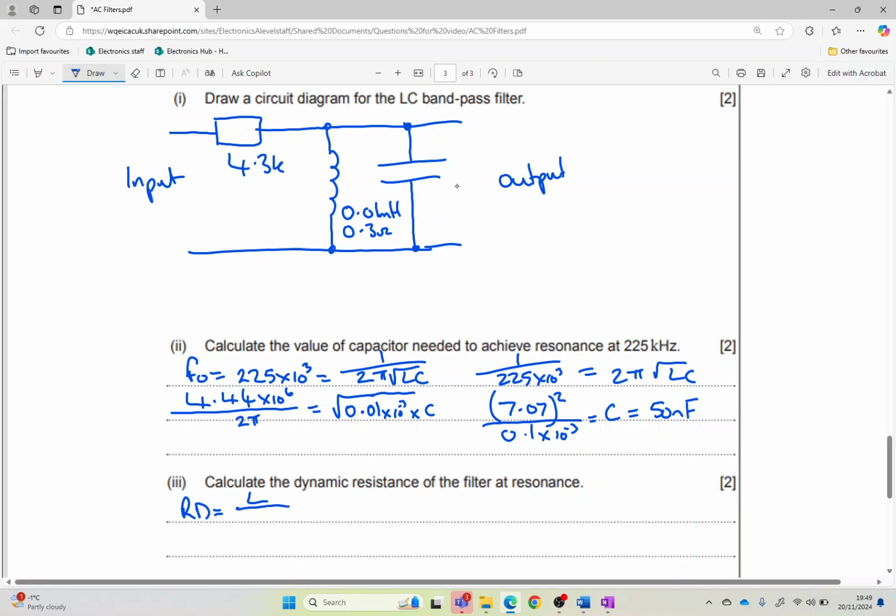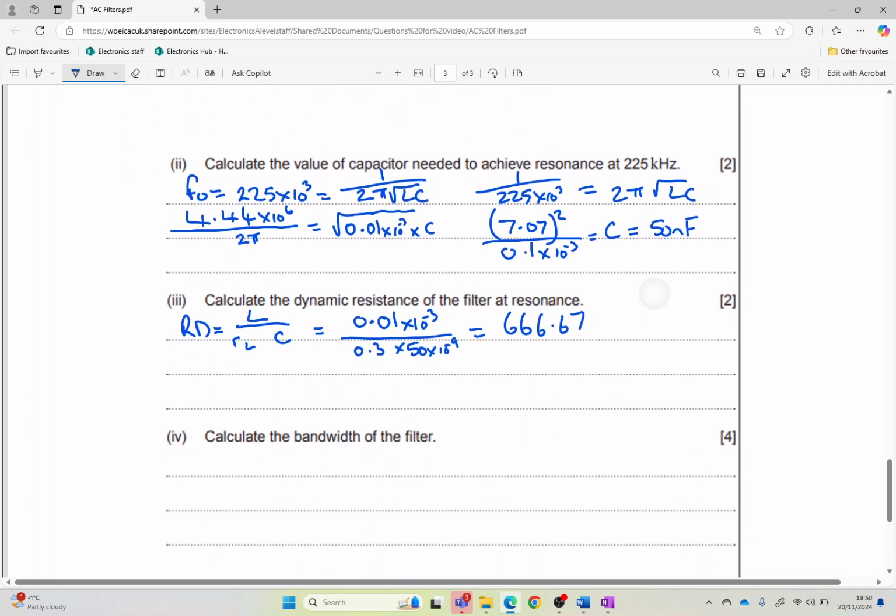It's L divided by R_L and C. So we're going to have 0.01 times by 10 to the minus 3 over 0.3 times by 50 times 10 to the minus 9. That gives me 666.67. So that's our dynamic resistance.